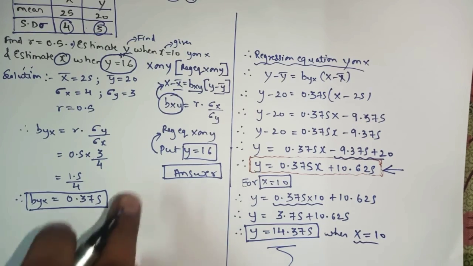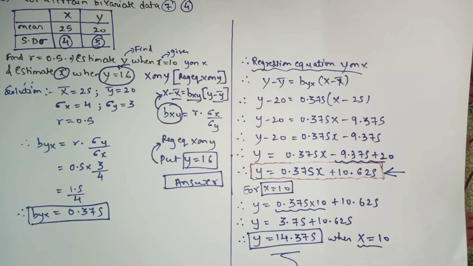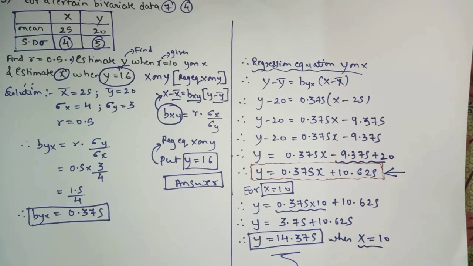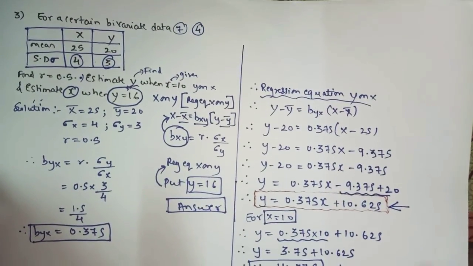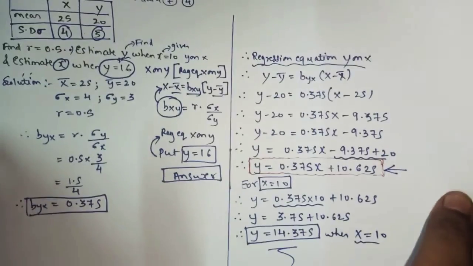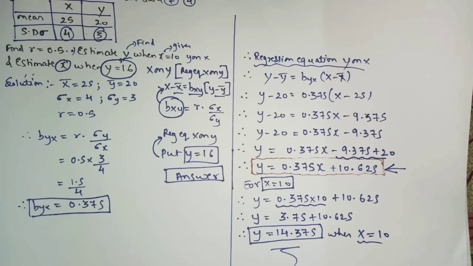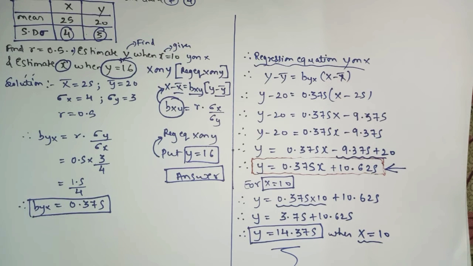Understood? Got the point? I hope you can try the second sum by yourself, as the same thing we did in the first sum also. When you see the backside answer, I guess it is a little different. Different means the backside answer, the textbook backside answer, is wrong, I guess.